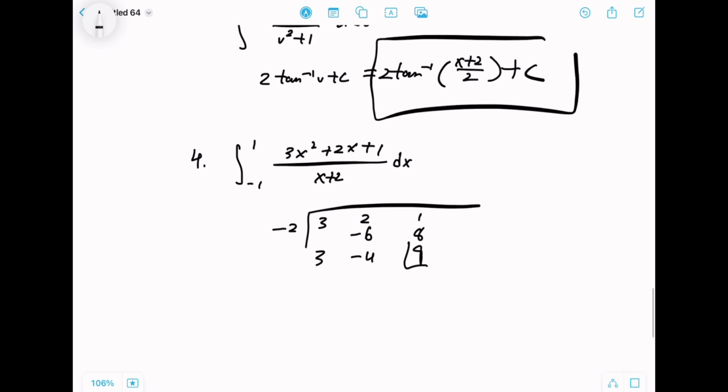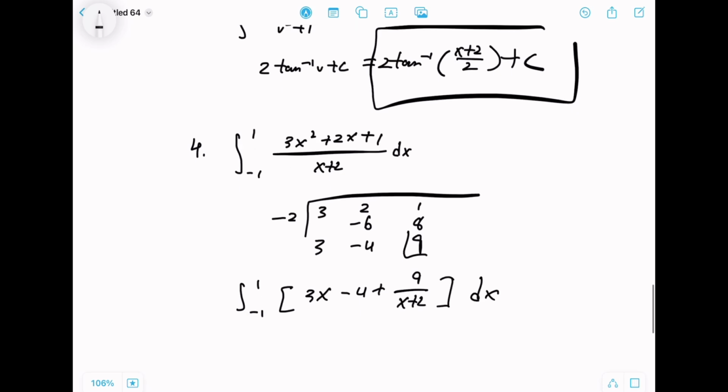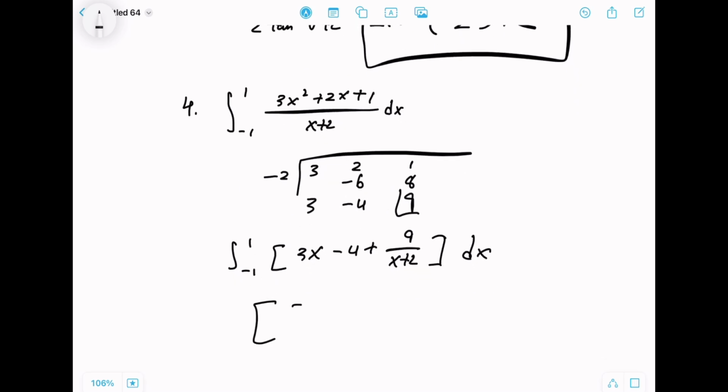And this is going to be the integral now from -1 to 1 of 3x minus 4 plus 9 over (x plus 2) dx. Now this is going to be 3/2 x squared minus 4x plus 9 times the ln of the absolute value of x plus 2, and I'm evaluating this from -1 to 1.